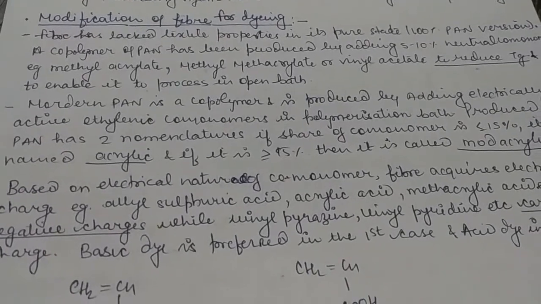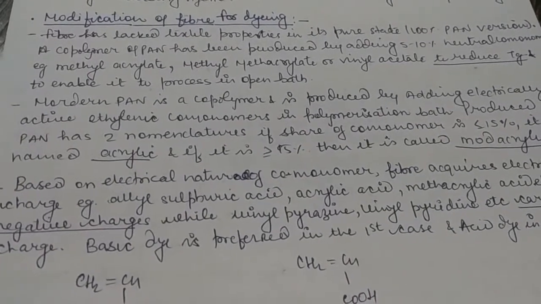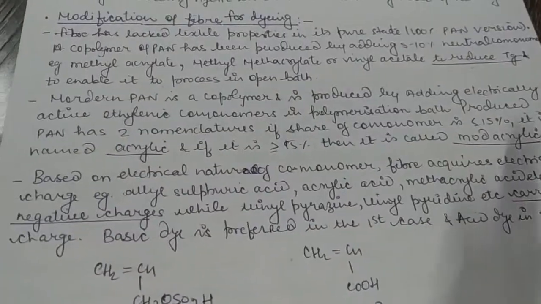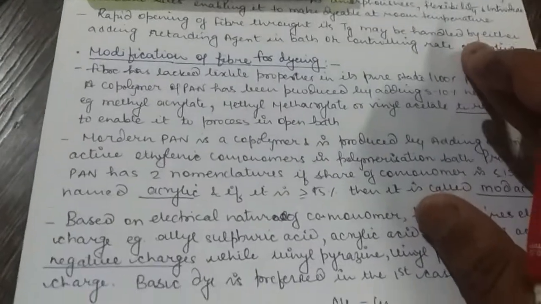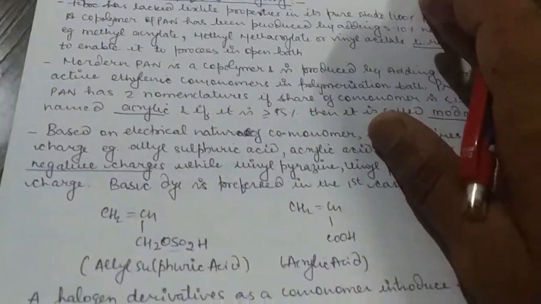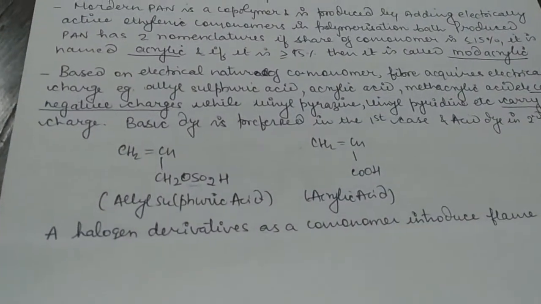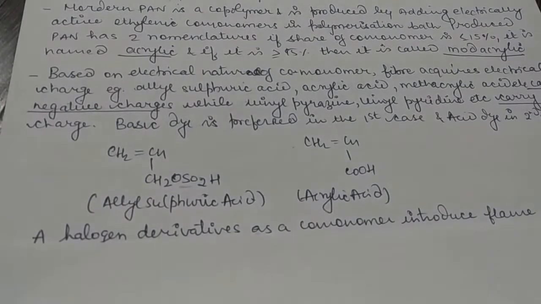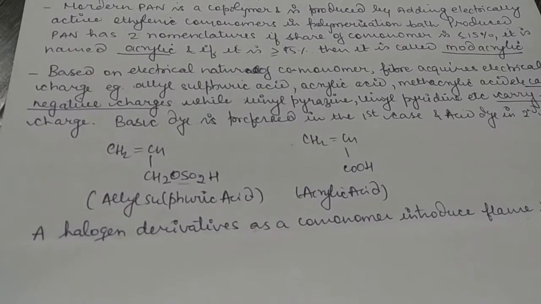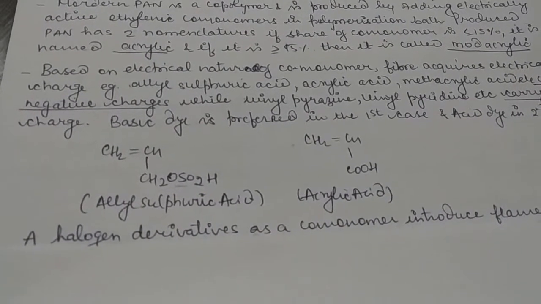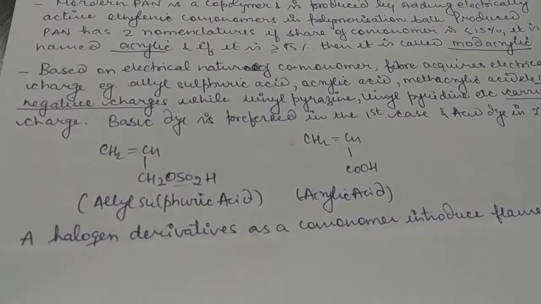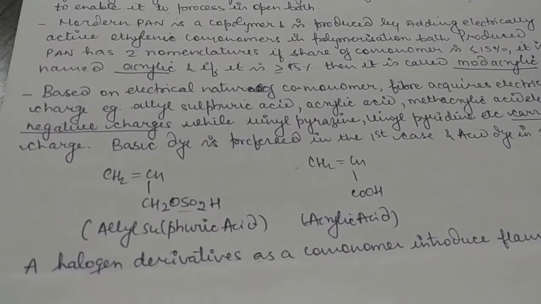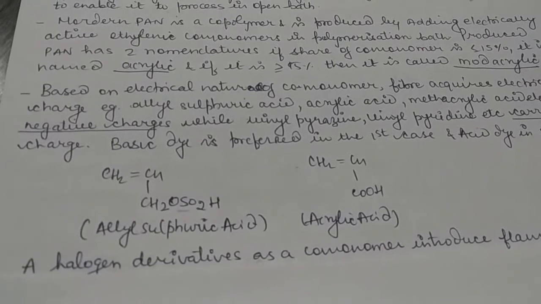If the share of the comonomer is higher than 15%, then it is called modacrylic fiber. Again, to impart dyeability, we add an electrical comonomer. The nature of the added comonomer plays a greater role.